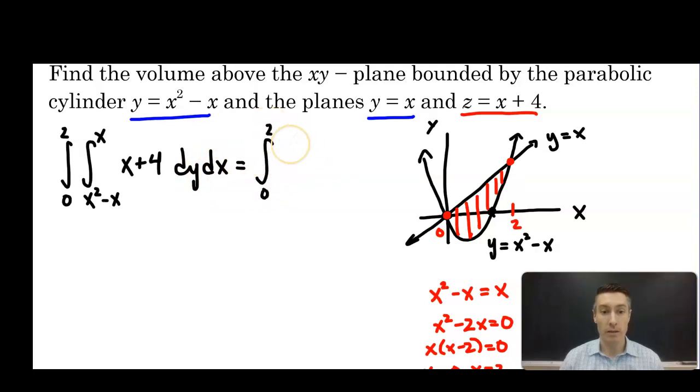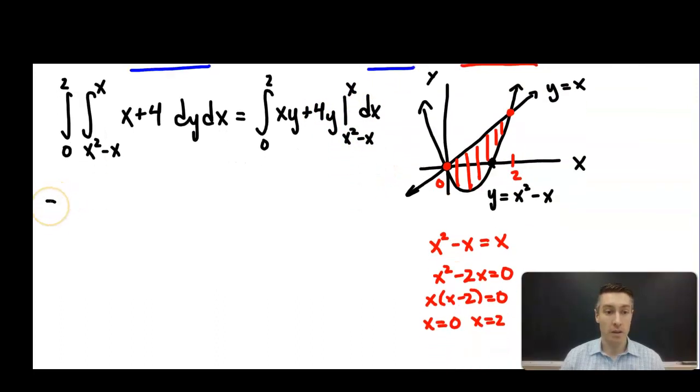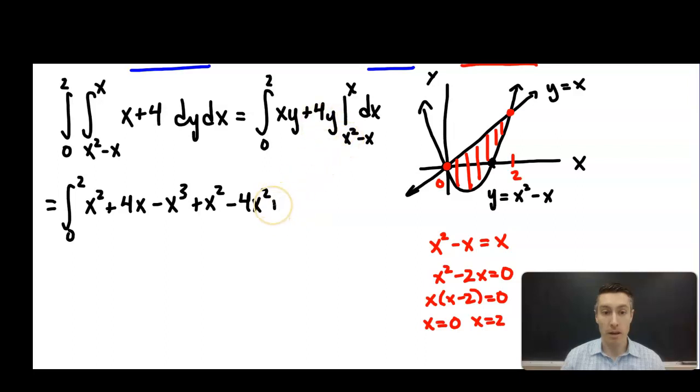So integrate with respect to y gives us xy plus 4y from x squared minus x to x, dx. So now substituting those bounds in, we get x squared plus 4x minus x cubed minus x squared, so plus x squared, and then minus 4x squared, and then plus 4x, dx.